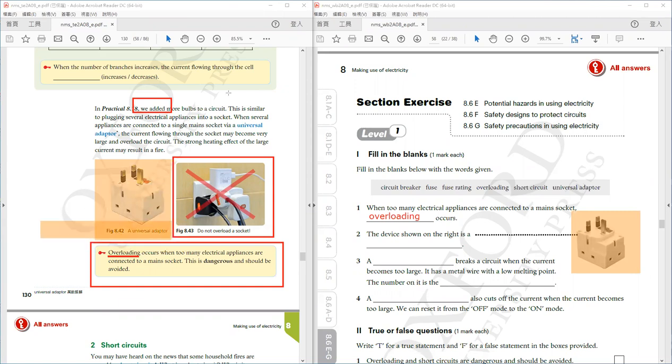We call this universal adapter. When you refer to the textbook, you know how to work on these simple questions. Okay, so next part.